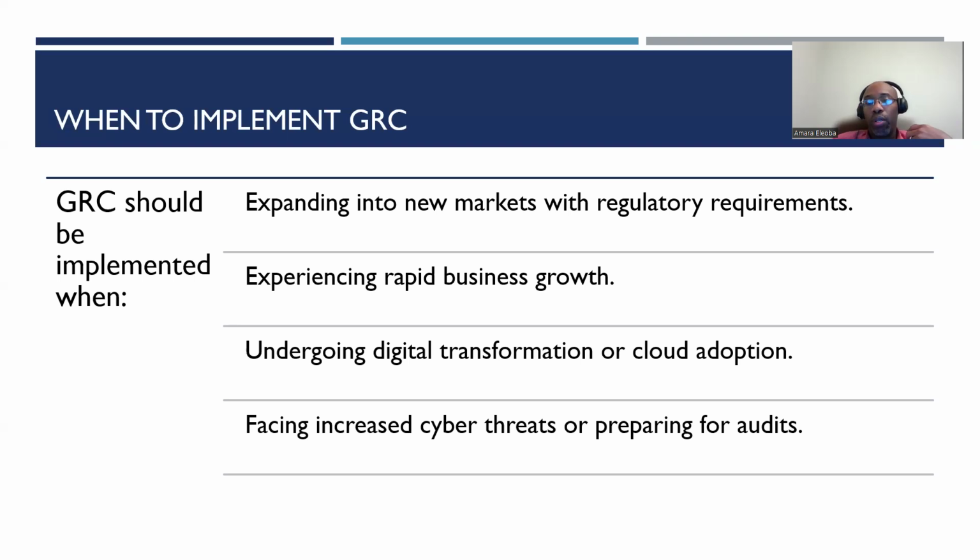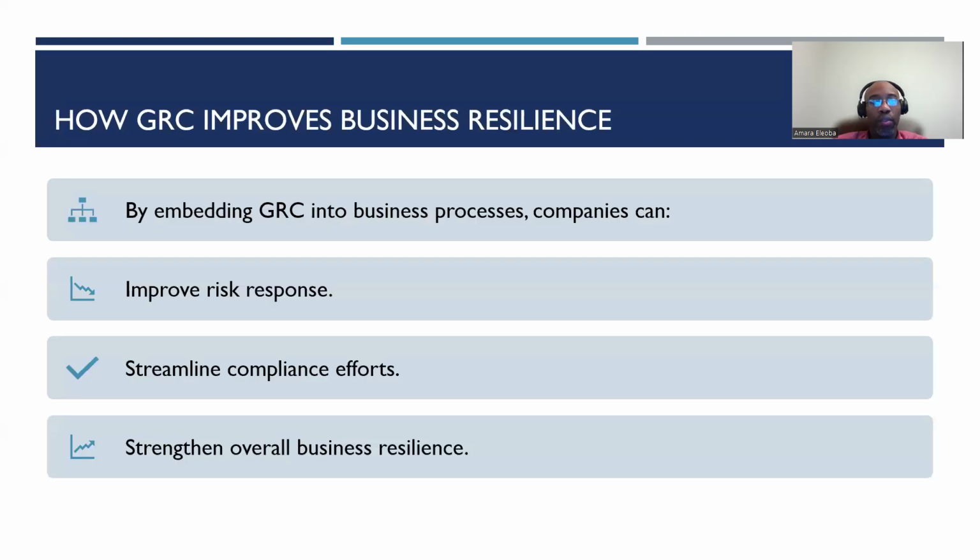Then we want to make sure that we have the controls, then test those controls to make sure they are compliant with either the company's goals or a regulatory framework like PCI. It can be SOX, it can be ISO 27001. Then we should implement GRC when we're preparing for audits or when we see the organization going through an increased cybersecurity threat. So those are the reasons why we should implement GRC.